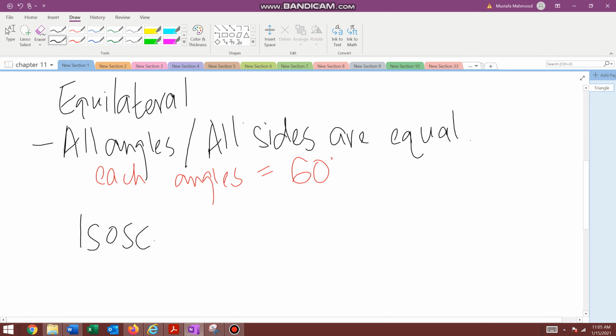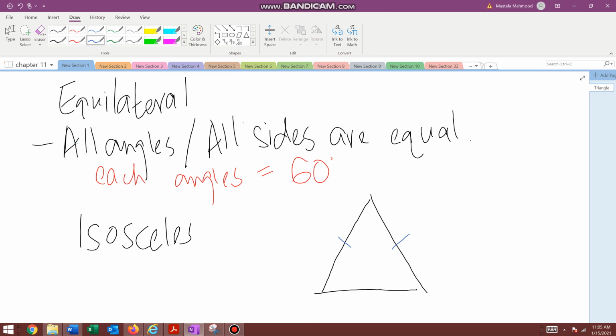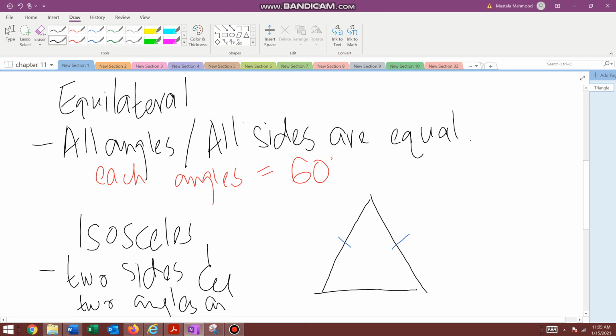In isosceles triangle, any two sides are equal. So when you see these two lines made on any two sides, it means that these two sides are equal. What happens in isosceles triangles is two sides and two angles are equal. Now, which two angles are equal?